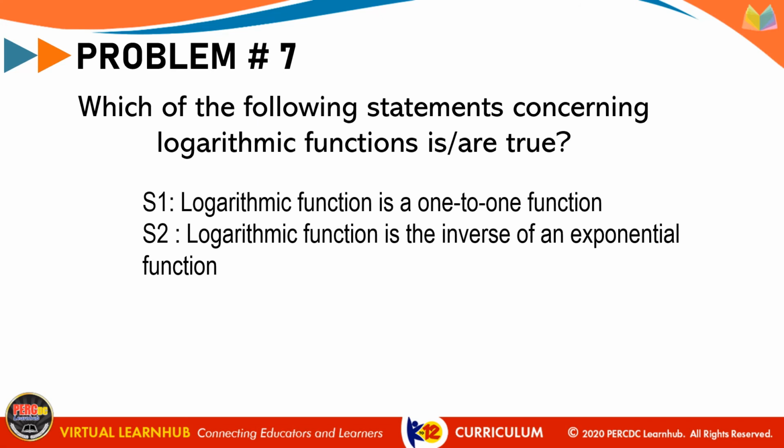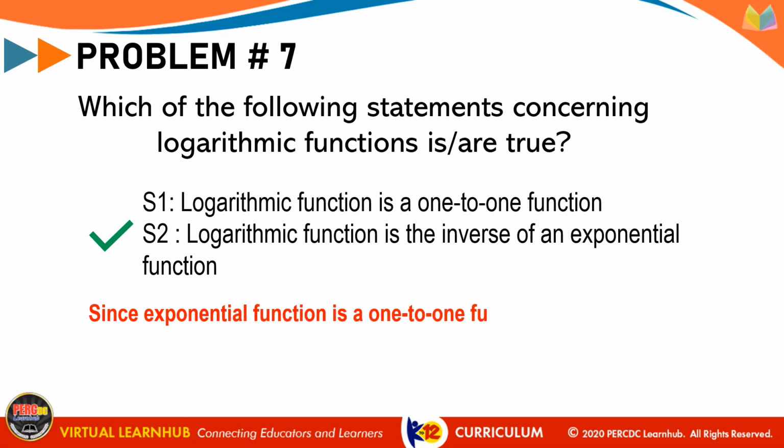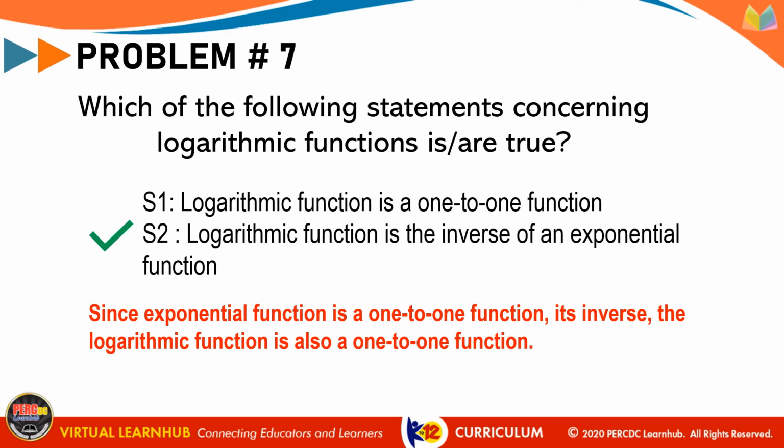In our previous slides, we defined that logarithmic function is basically the inverse of exponential function. Therefore, statement 2 is correct. Since exponential function is a one-to-one function and its inverse, the logarithmic function, is also a one-to-one function. Therefore, statement 1 is also correct.